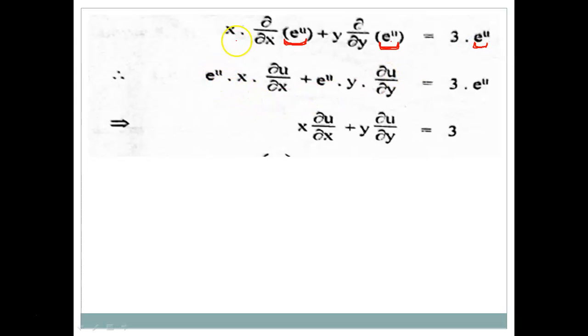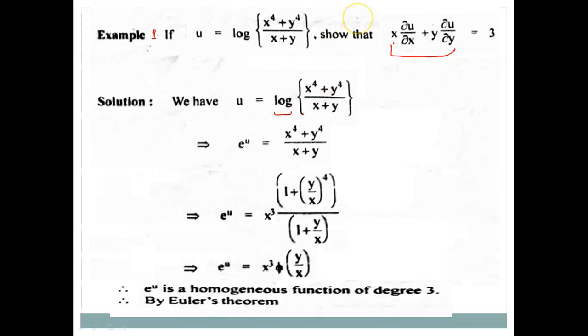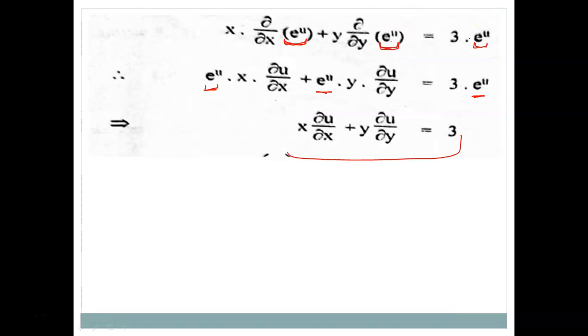When you differentiate partially with respect to x, the derivative of the exponential function remains e raised to power u, and because u is the variable, we get del u by del x. Similarly in this part, e raised to power u, y del u over del y. So e raised to power u appears on every term and gets cancelled out, and what we are left with is x del u by del x plus y del u over del y equal to 3. So we have proved this.